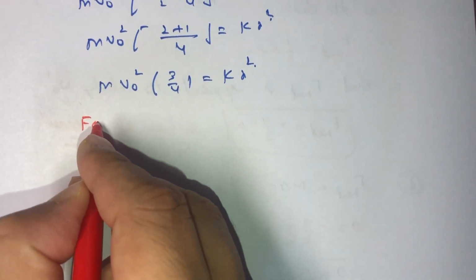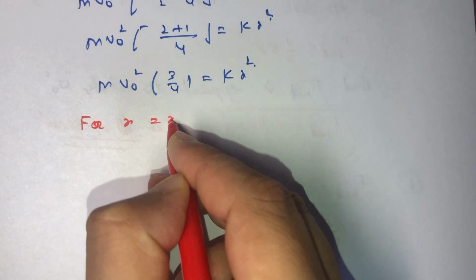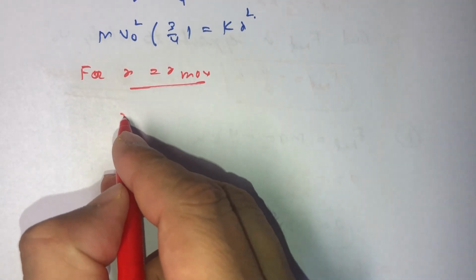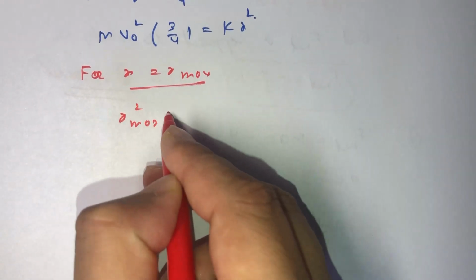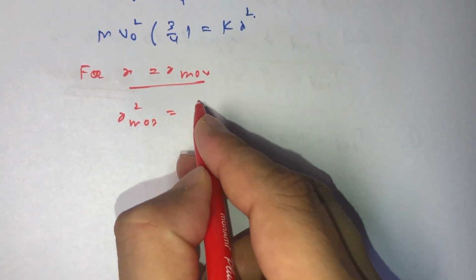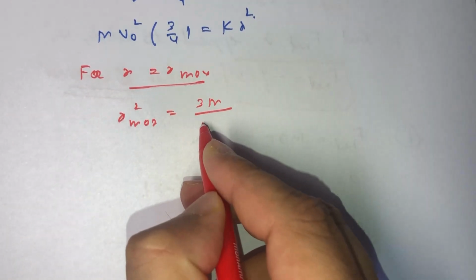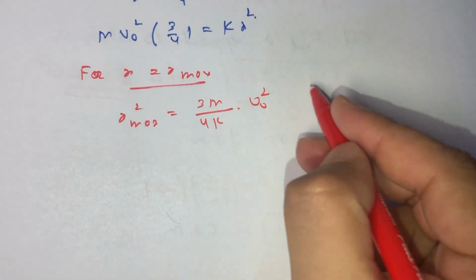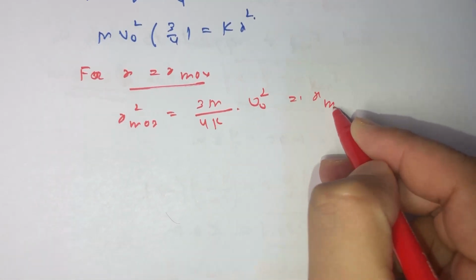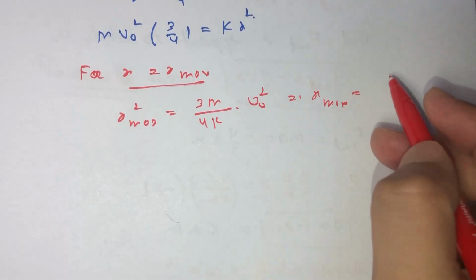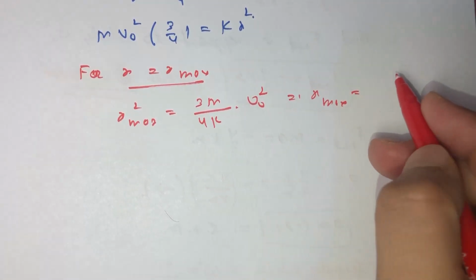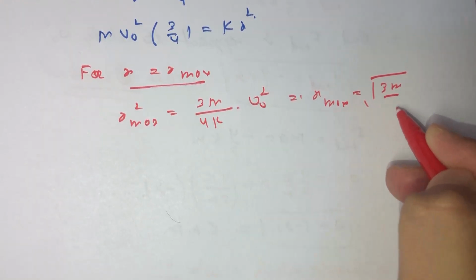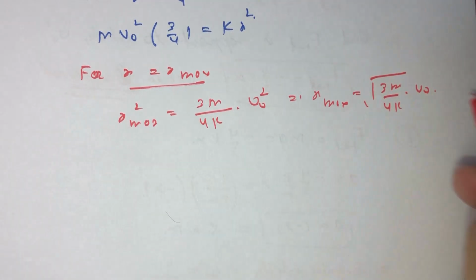So for x equal to x max, we can write this equation as x max square will be equal to 3m divided by 4k multiplied by V naught square, which gives us x max equal to square root of 3m divided by 4k into V naught.